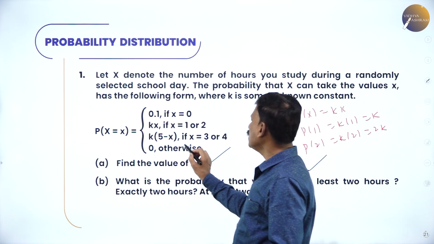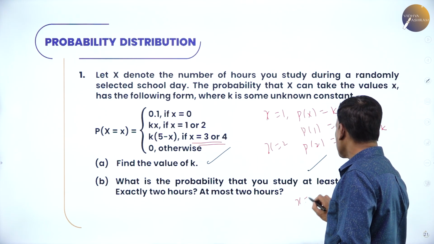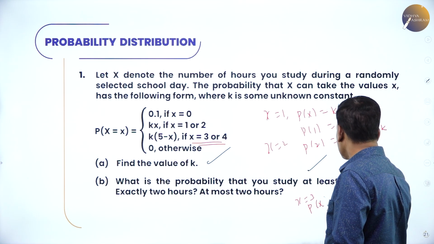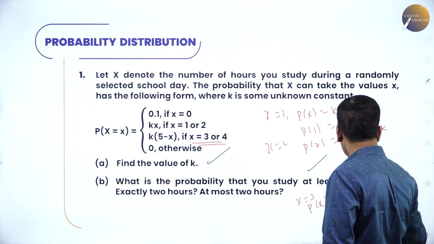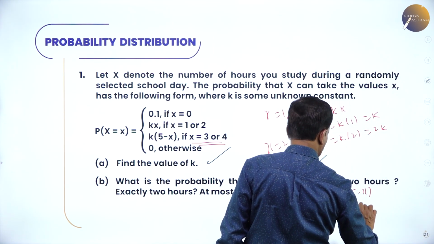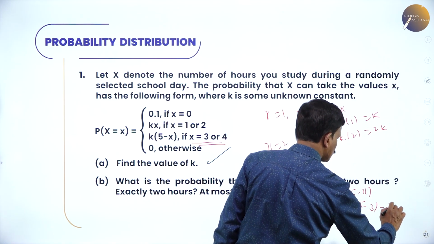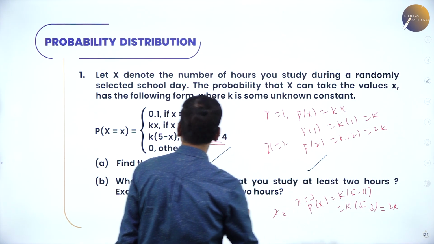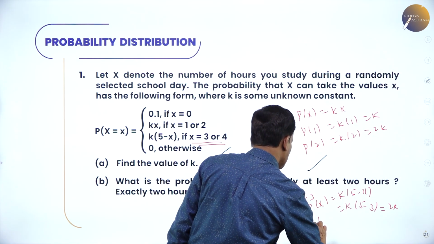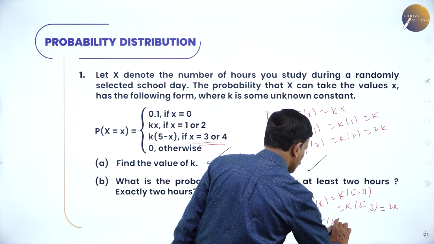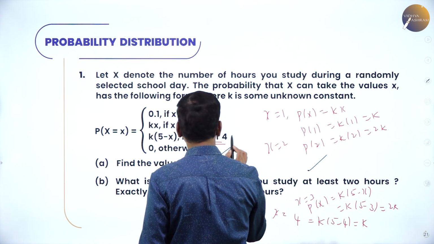Similarly, if X is equal to 3 or 4, when X is equal to 3, P of X is K into 5 minus X, that is K into 5 minus 3, which is 2K. When X is equal to 4, that is K into 5 minus 4, which is K, and 0 otherwise.